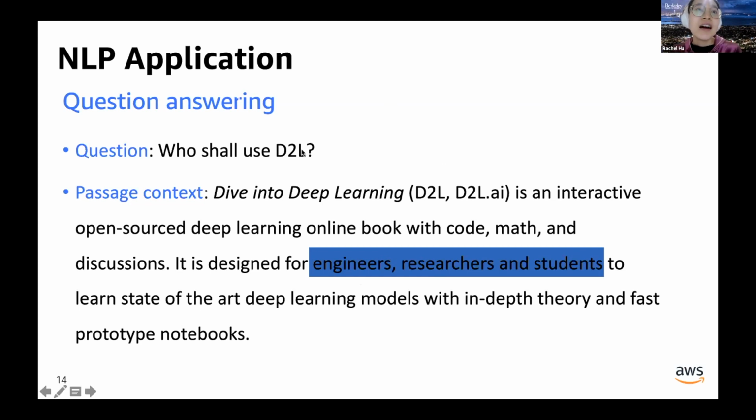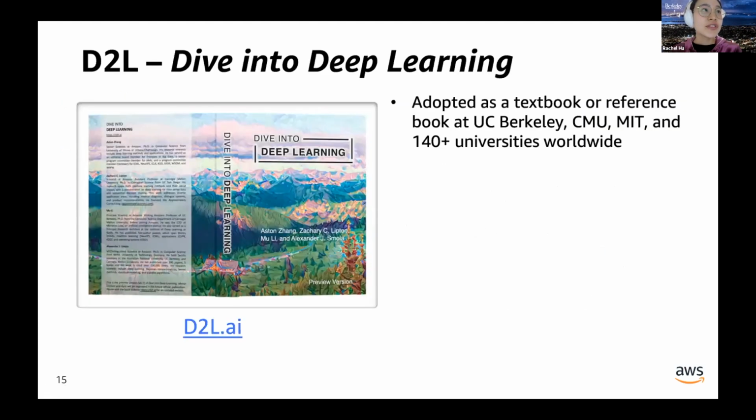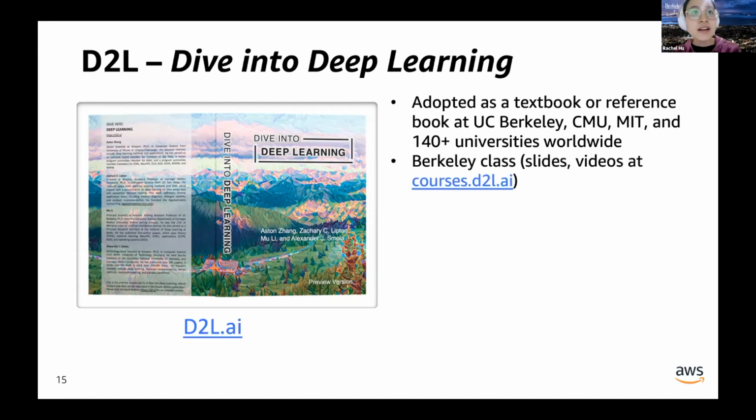Then I will introduce D2L a little bit more. Basically D2L is an open source textbook, and it has been adopted by a lot of universities around the world. More than 140 universities have used our book as a textbook. Besides, we also taught a class at Berkeley last year.